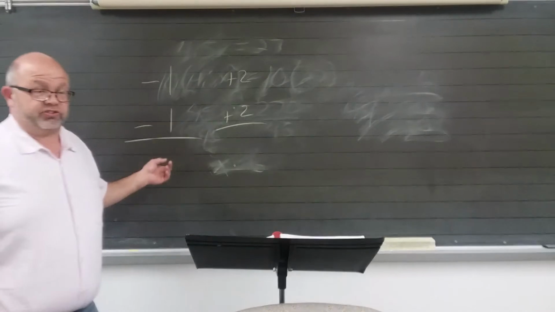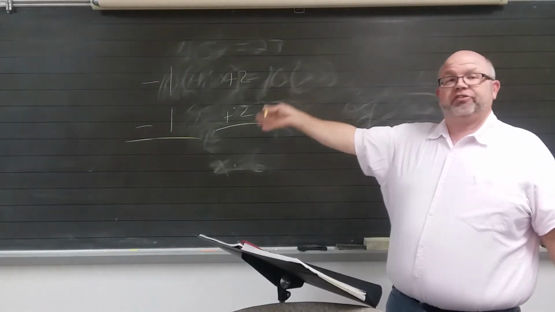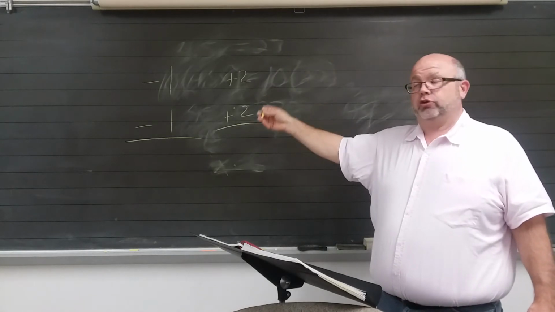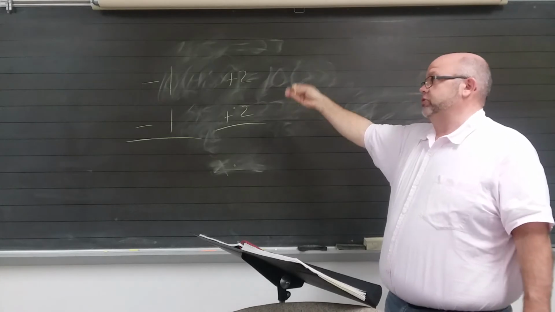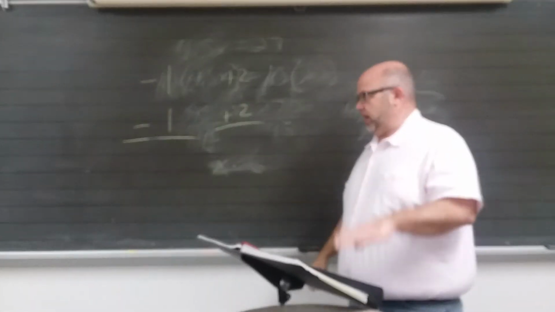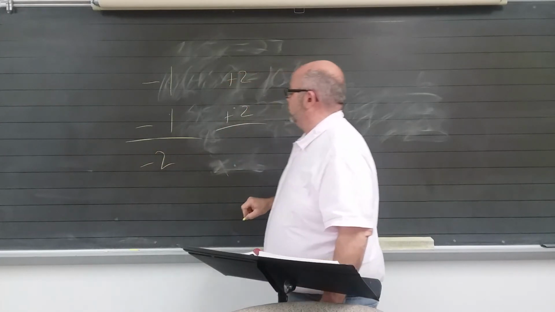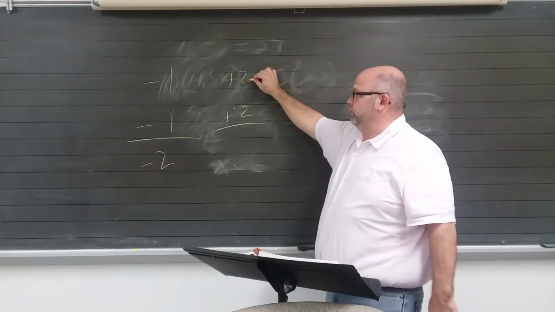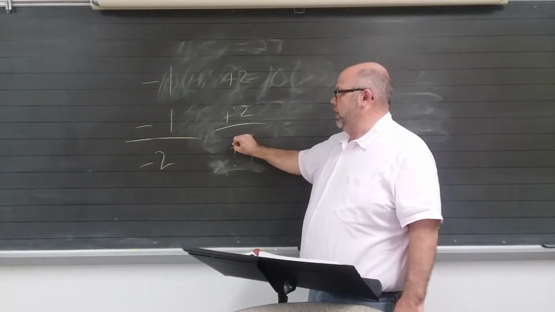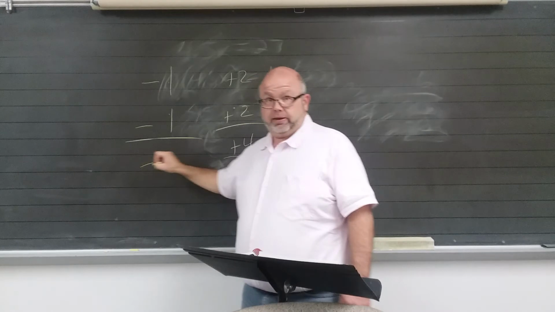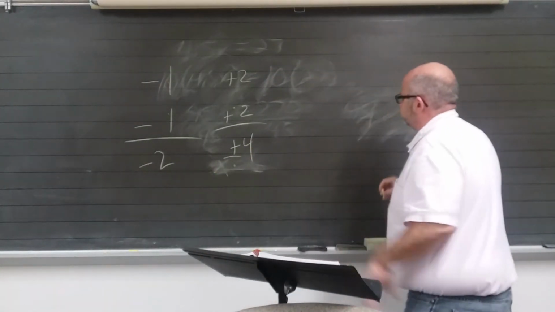If the signs are the same, we mentioned this yesterday, you simply add the absolute values, and put the sign there that's in the equation. So the answer will have the same sign as in the equation. So 1 plus 1 is 2, that's negative 2. 2 plus 2 is 4, that's positive 4. Always put the signs, okay? Always put the signs.